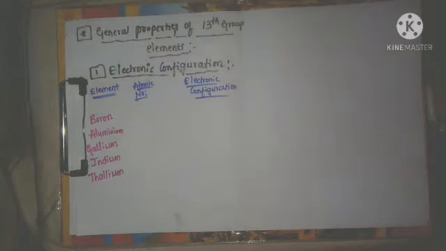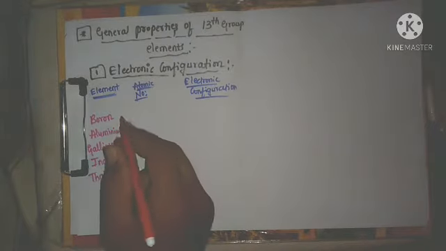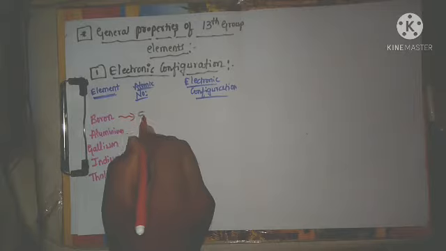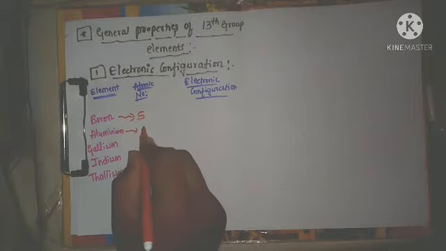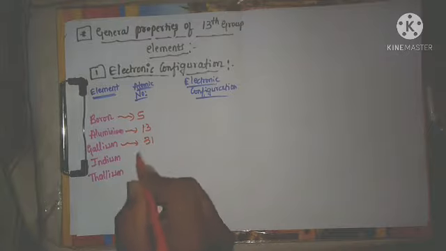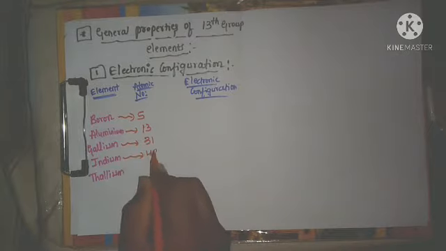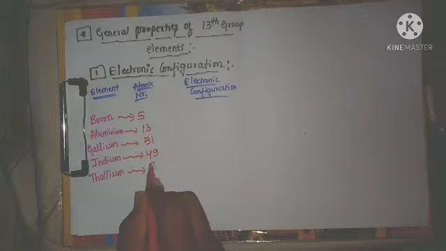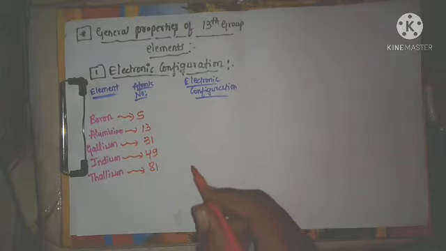These are the element names. Now boron, atomic number is 5. The atomic number of aluminium is 13. The atomic number of gallium is 31. Indium is 49. And thallium is 81. Already I told, right, magic numbers.